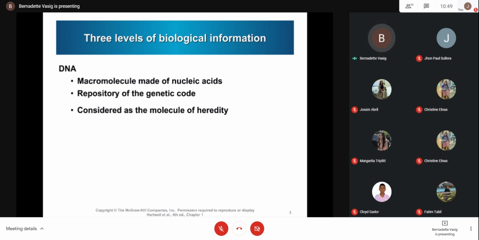And remember, in basic biology, one of the properties or manifestations of life is to possess a genetic program. So all organisms considered to be alive should possess a genetic program stored in the DNA.